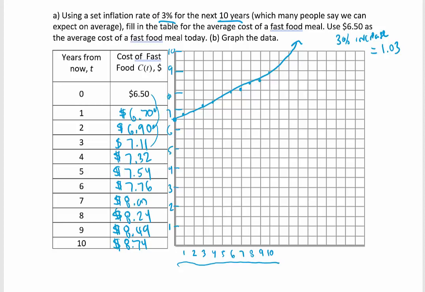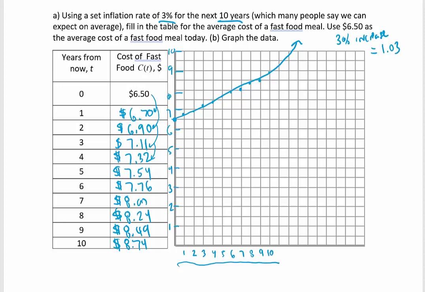But notice here we jump to 21 cents and then 21 cents. So you can see the rate of change increases, meaning it's not always 20 cents per year, it's going to keep increasing as we go. Because what's happening here is we keep taking 3% increase of a higher number. So the actual change will keep increasing. So when that situation arises, we're going to have an exponential growth graph here.